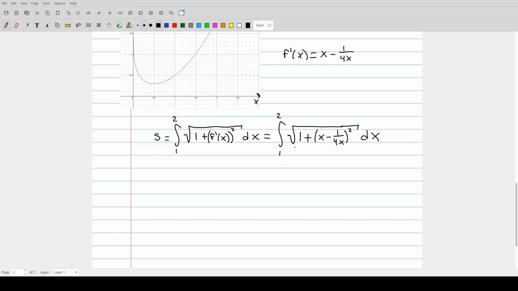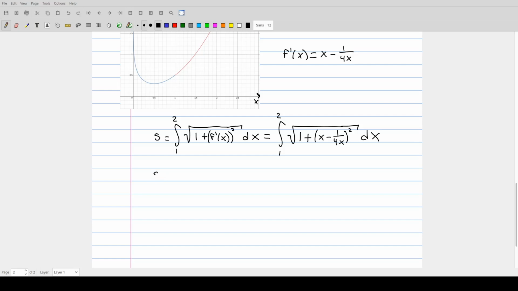And if we can evaluate this integral, it gives us exactly what we want, which is the exact value of the arc length along this curve.